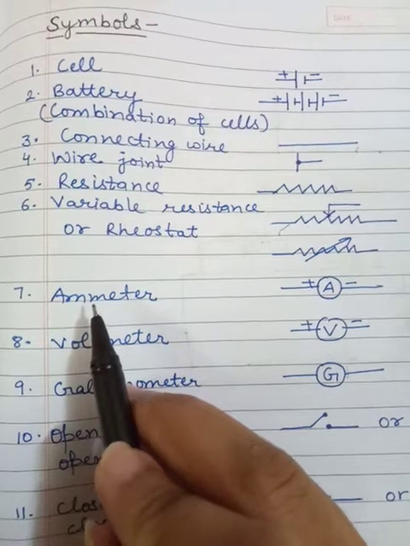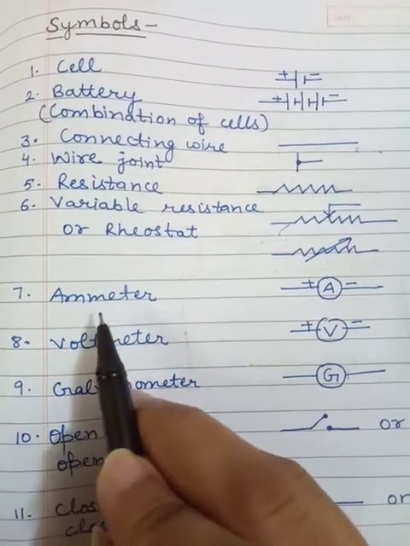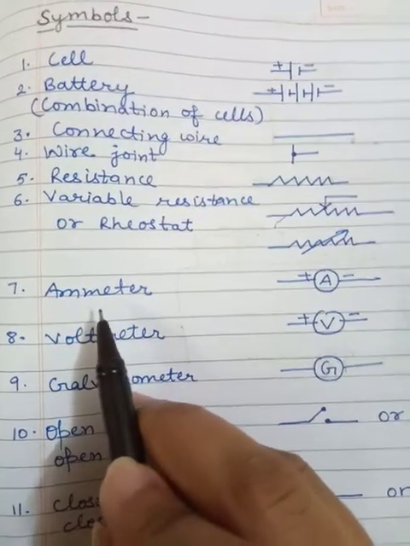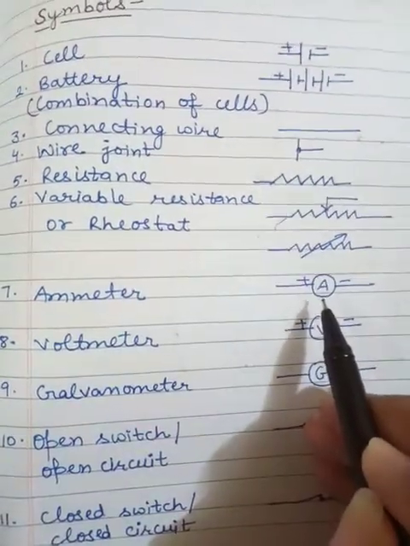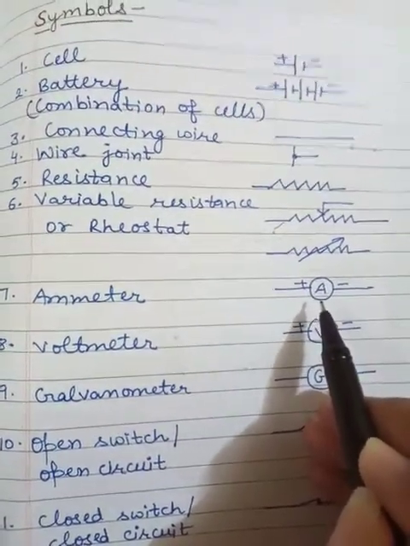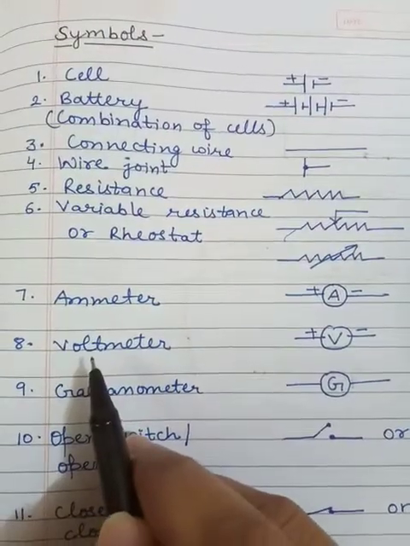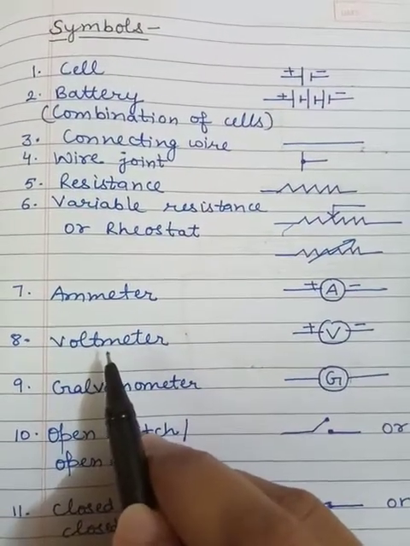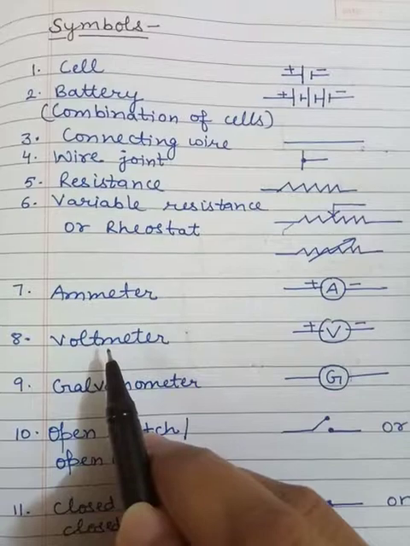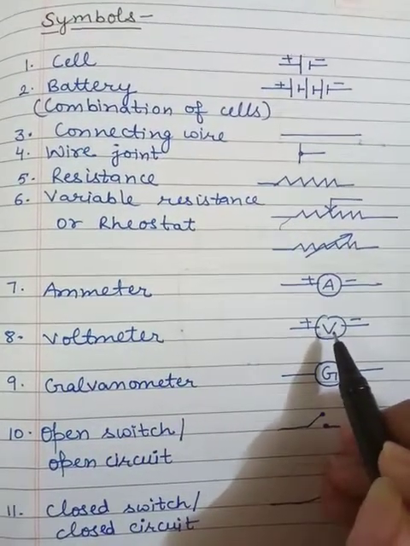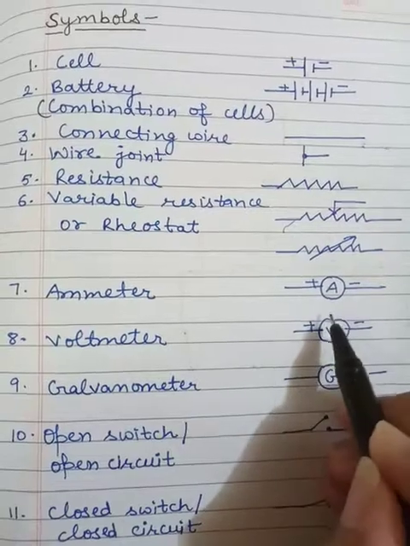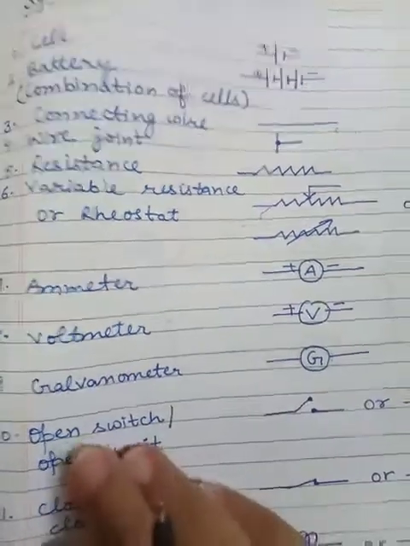Next one is the ammeter, and the ammeter is the instrument which is used to measure the electric current, and it is represented in the form of this. Voltmeter is the instrument which is used to measure the potential difference, and this is represented in the form of V, having a circle, positive and negative terminal.